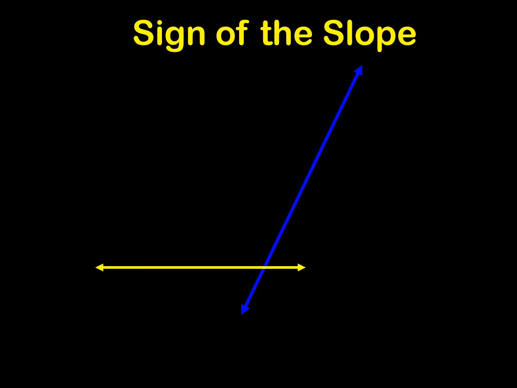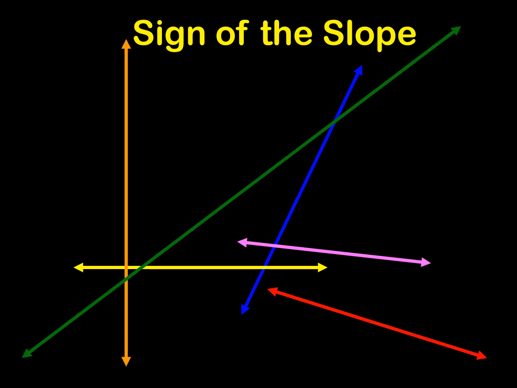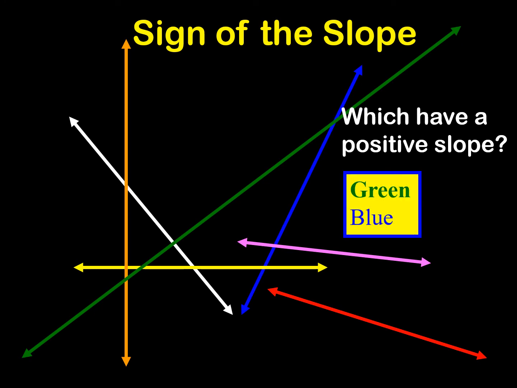And let us find out the sign of the slope. So which have a positive slope? Very good, the green one and the blue one, because it is sloping up to the right.